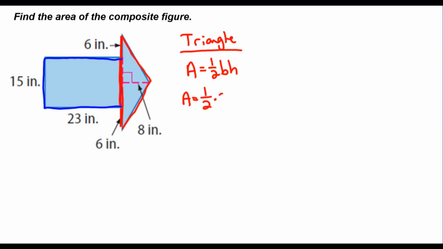So that's 1/2 times 27. And then the height of the triangle is this perpendicular distance right here to the vertex, and that is 8. So 1/2 times 27 times 8 gives us an area for the triangle of 108 square inches. And then I'm going to find the area of the rectangle separately.